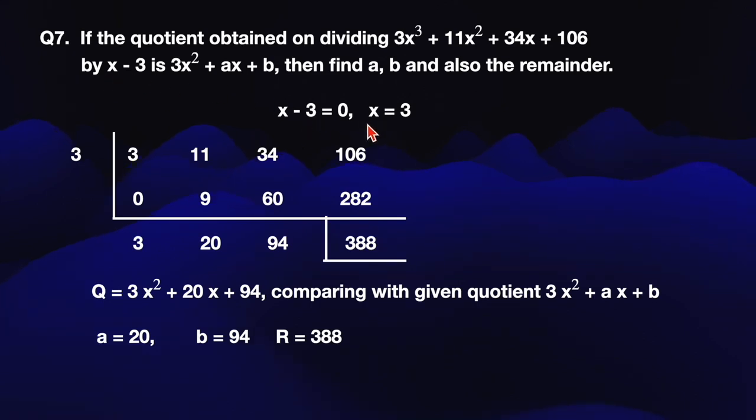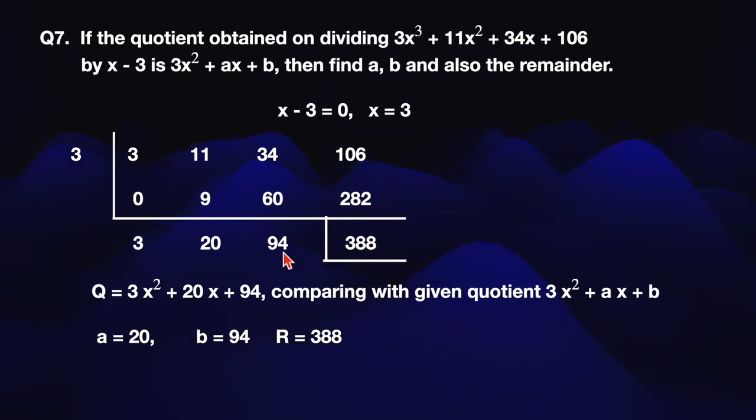So x minus 3 is equal to 0, x is equal to 3, write it here, write 0 here, add it, multiply, add this, again multiply with 3, you get 60, add up, you get 94, multiply by 3, 282, add, you will get this value.